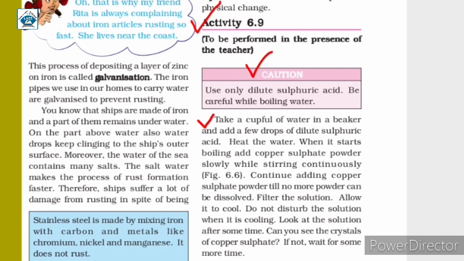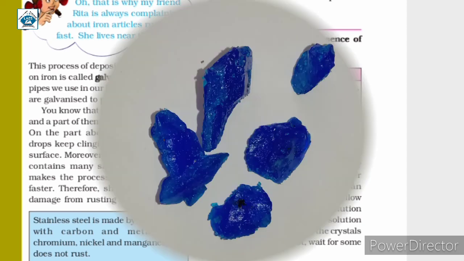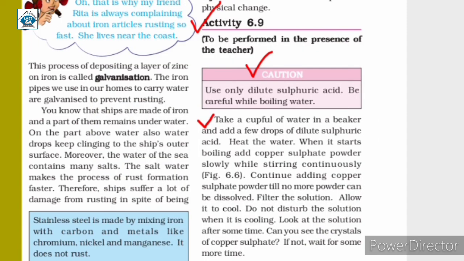When the water starts boiling, copper sulfate powder is added and the water is stirred continuously. Keep on adding copper sulfate powder till no more powder can be dissolved in it. After that, the solution should be filtered and allowed to cool. The solution should not be disturbed, and after some time we can observe that there are crystals of copper sulfate in the solution. So this was an example of crystallization.